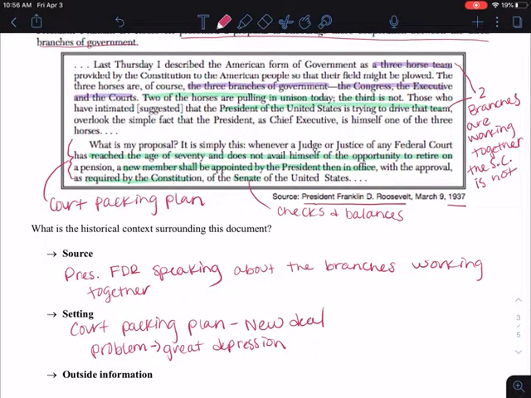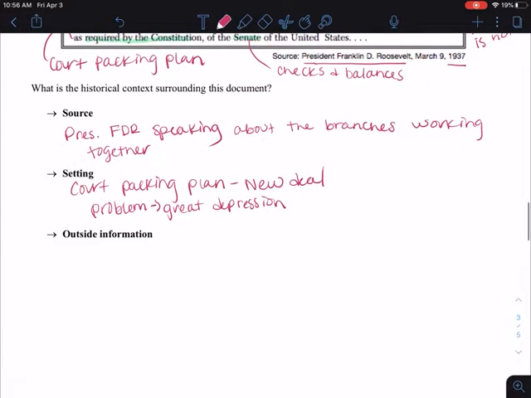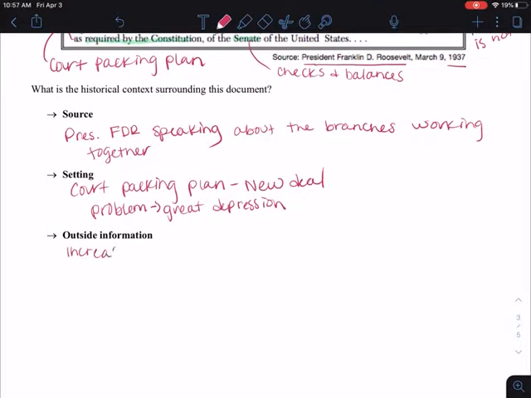So it's not just the president saying, these are all the people that I want on the Supreme Court. But he's saying, now there's an age limit. I'm going to make sure that we see people cycling out of the court. We also can put in here that we wanted to increase the number of justices from 9 to 15.